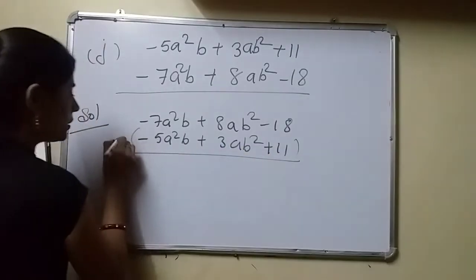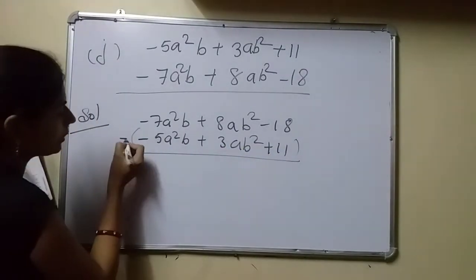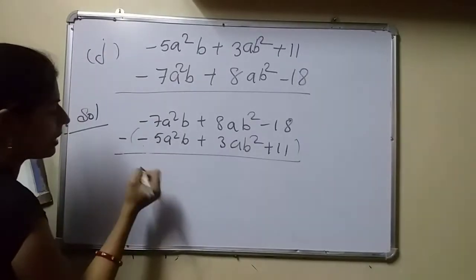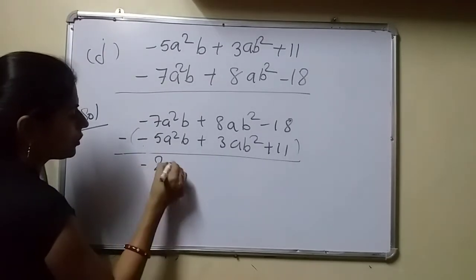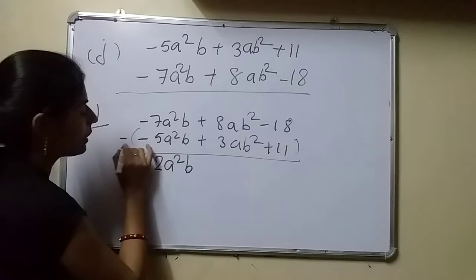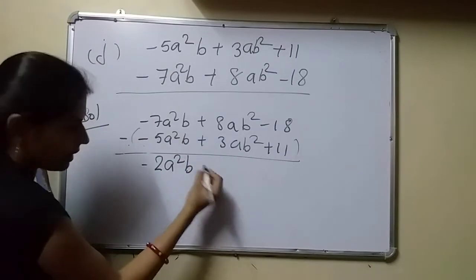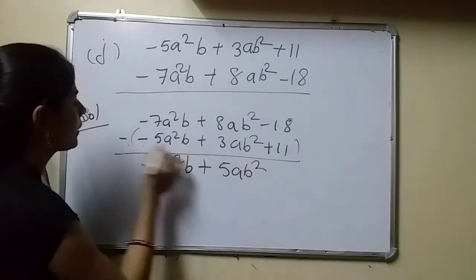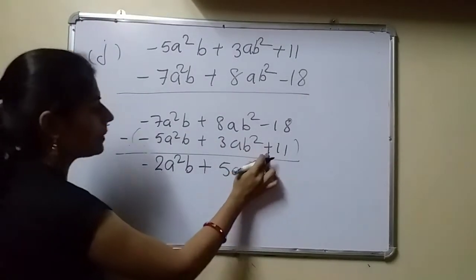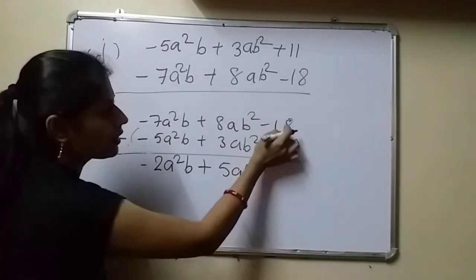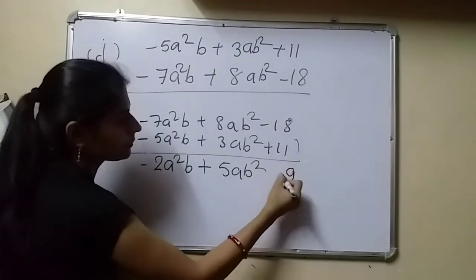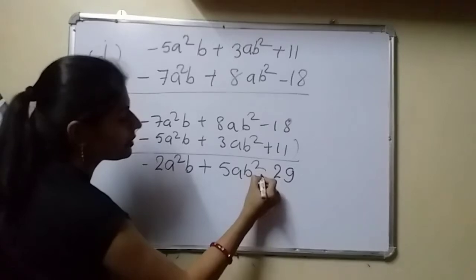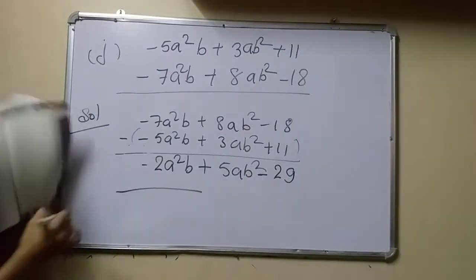Okay, now subtract it. When you are subtracting it, it will become plus. So minus plus will become minus only. So minus 2a square b. Now minus into plus will become minus, so plus 5ab square. Minus into plus will become minus, so minus minus plus, so 18 plus 11 is 29 and the answer will come in minus.